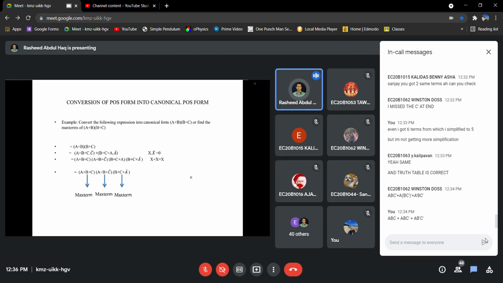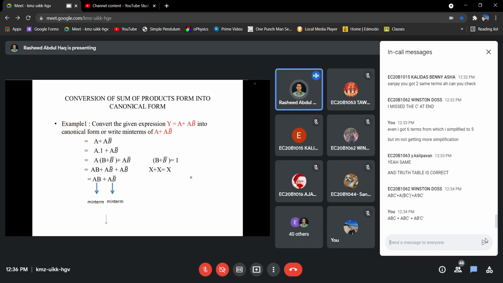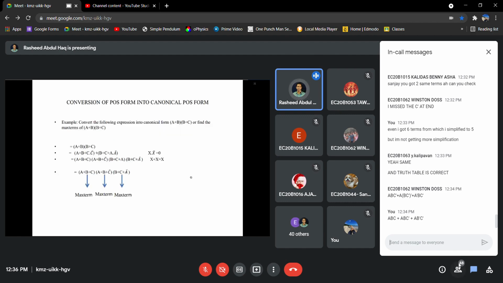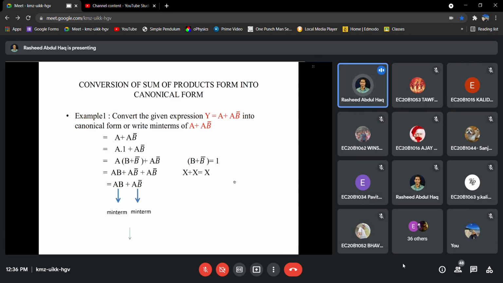For the first one, we have to add, sorry, we have to multiply with 1. So here after adding, the value must not change. So what we can add is 0, that is A dot A bar or X dot X bar. Whereas in the case of converting sum of products SOP into canonical form, we have to multiply with 1.